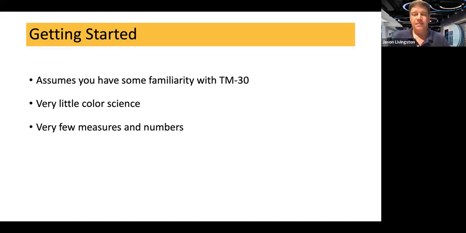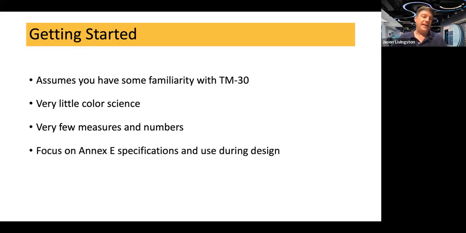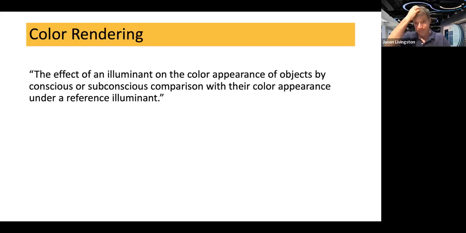Also, because TM30 produces, believe it or not, 149 measurements, we're not going to be talking about most of those, and we're not going to be talking about most of the numbers that are associated with them, so that we can get really to the heart of the matter from the specifier's perspective, which is Annex E of TM30 and the specifications that it contains for color rendering of light sources, right? That's really where we want to get, and how we use those throughout the design process.